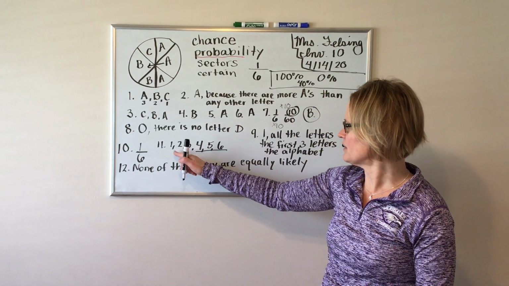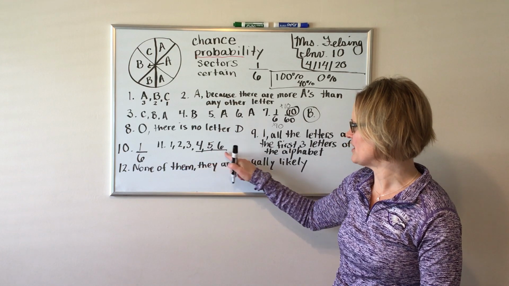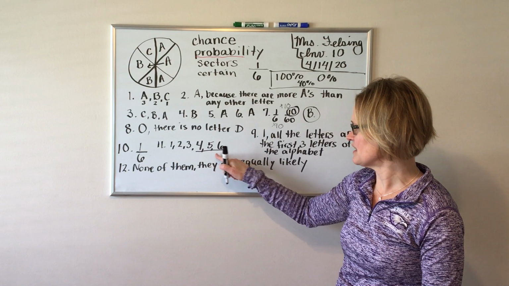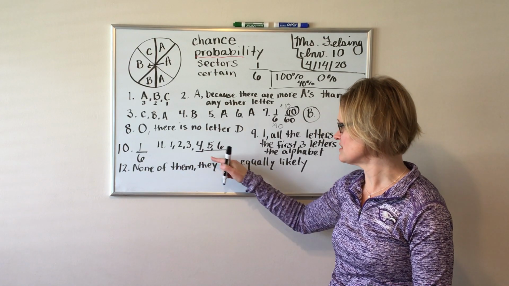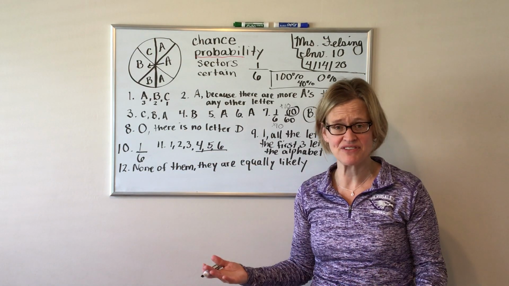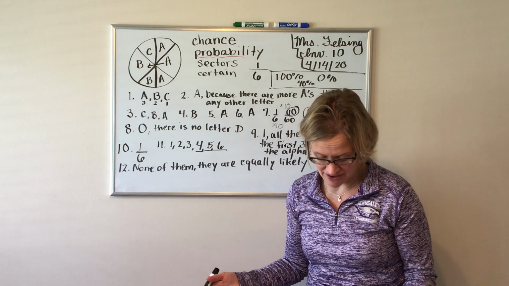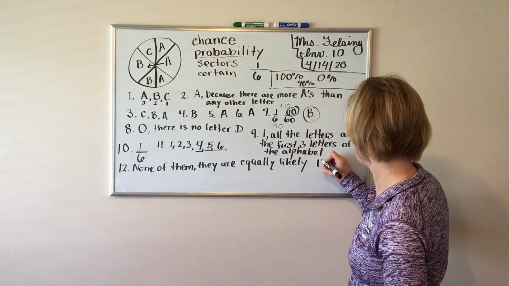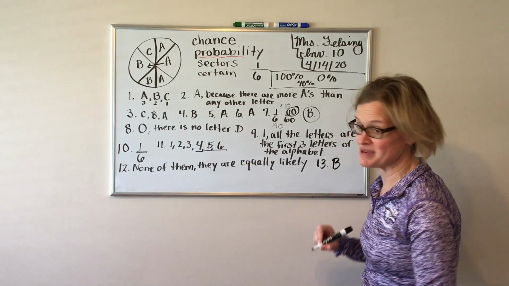Well, if we look, we have 1, 2, 3, 4, 5, 6. And if we roll a 4, 5, or 6, that's 3. 3 out of 6. 3 out of 6 is half the numbers. That's about half. So then our answer for 13 would be about half, and that would be 13B.